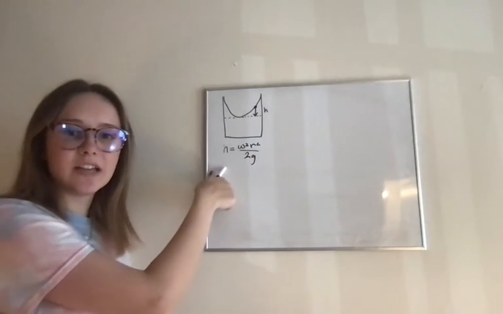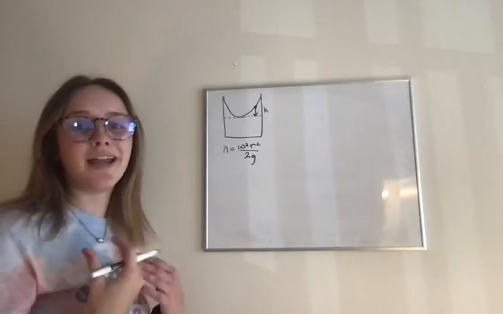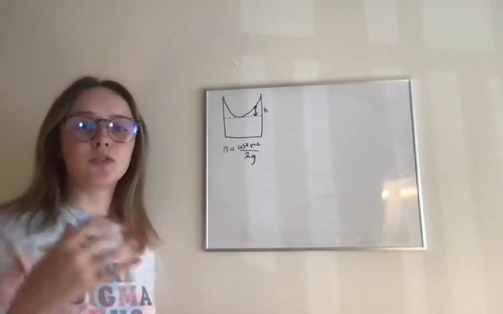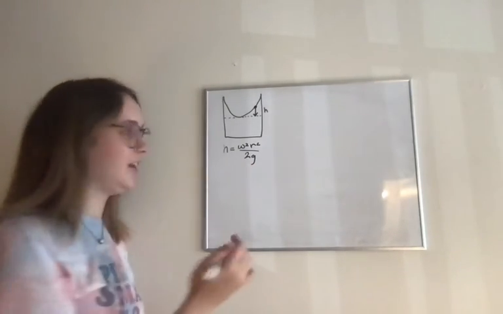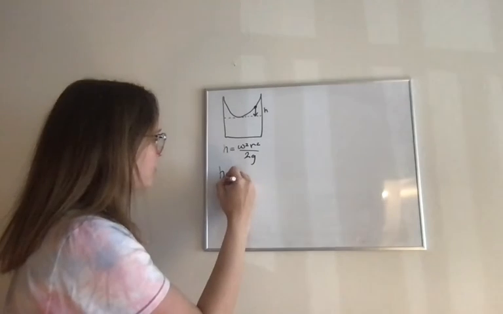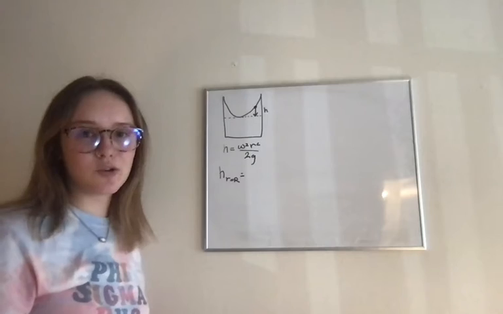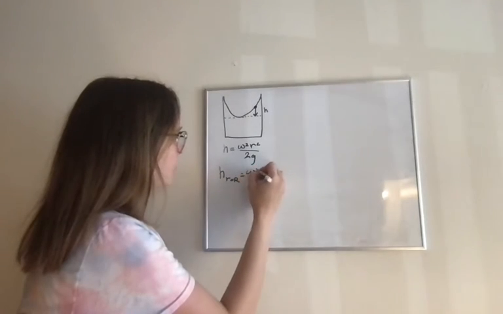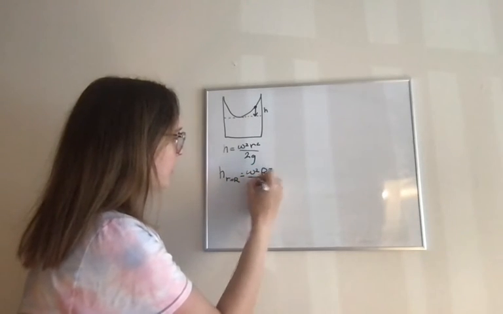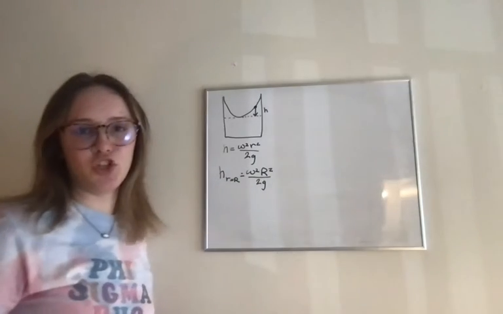If we know this, then we can define when little r equals big R, which is our total radius. So H when little r is equal to big R is equal to omega squared, big R squared, all over 2g.